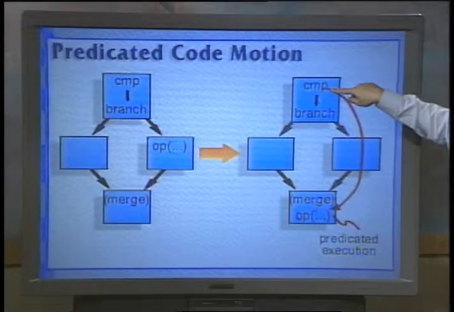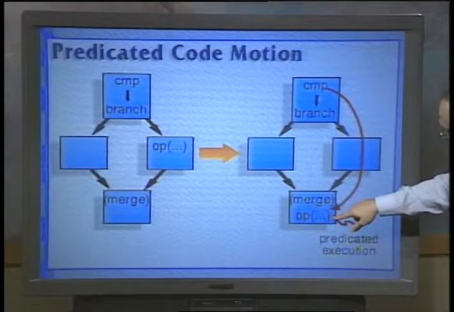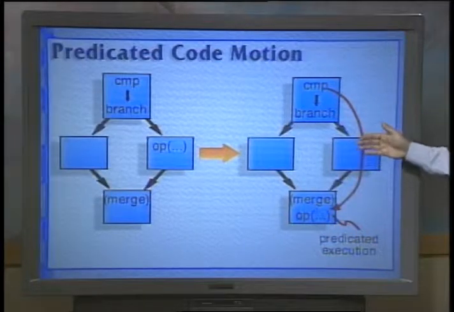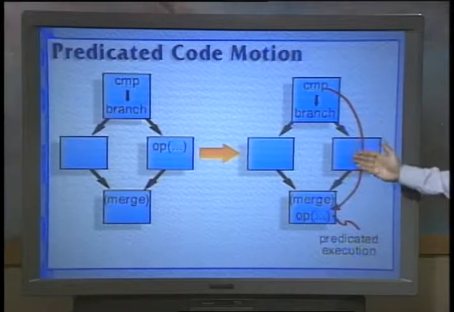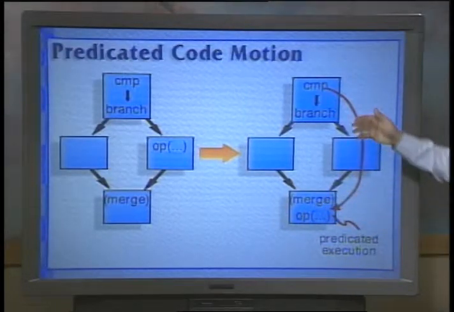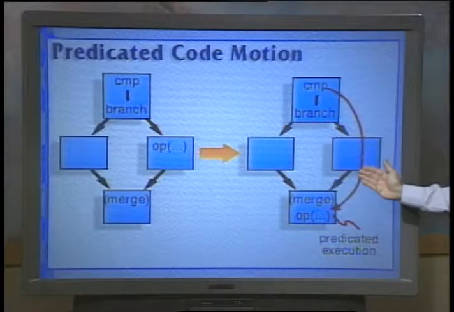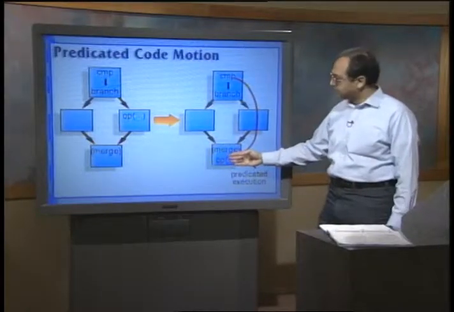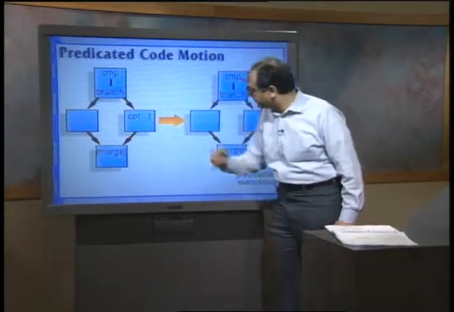And if we take the output of that compare and provide that as the predicate input to this operation over here, now we can take this operation that used to be over here and move it down here, and we don't change the semantics. The reason is that if in fact flow of control would have come this way, then this predicate will be true and this operation will execute, which is exactly what would have happened here.